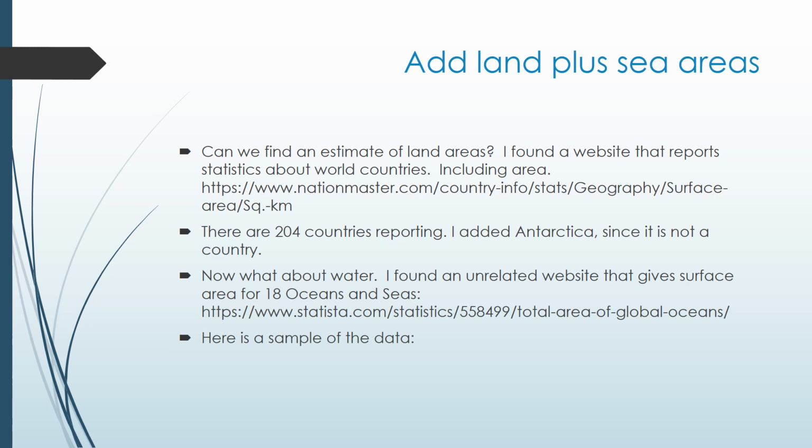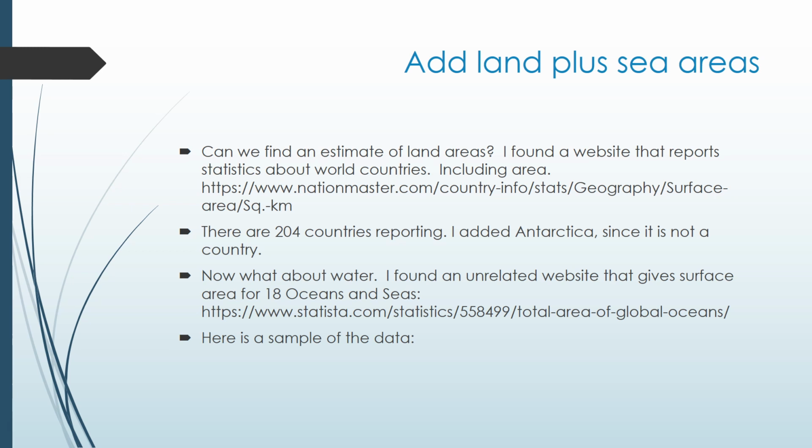And that's the website right there. There are 204 countries reporting. I added in Antarctica since it's not a country. It's not a very big number, but I added it in anyway.